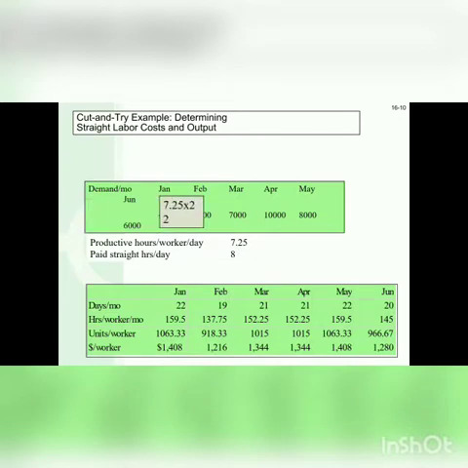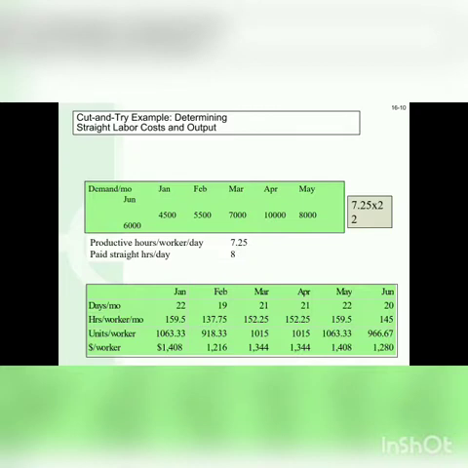Now the number of days in each month is given. There will be 22 working days in January, February 19, March 21, April 21, May 22, and June 20.